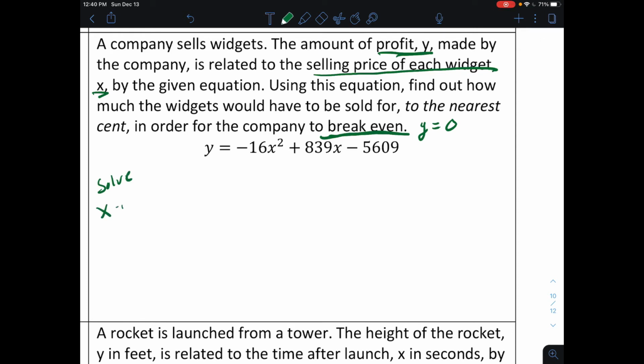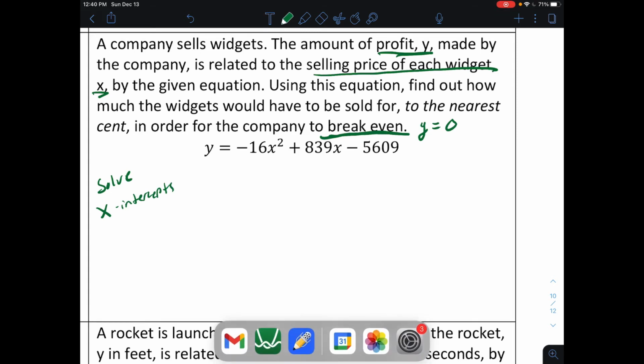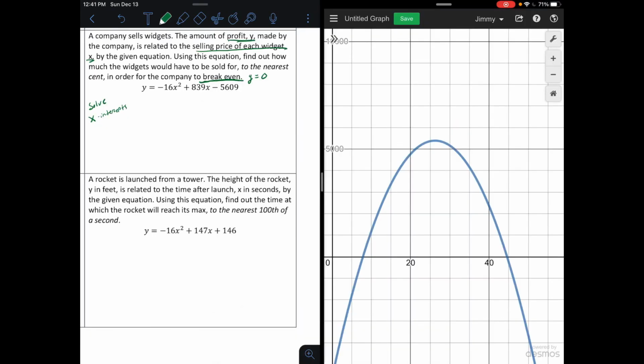So solve for x-intercepts. We're going to go back to Desmos, type this equation in, and see where it crosses the x-axis and round it to the nearest cent. All right, so we type in the equation and we look at it, and we're trying to figure out where it crosses the x-axis. We want to know how much the widgets would have to be sold for. Well, we actually have two possibilities to break even. We could sell them for the 7.865 or the 44.573 number.